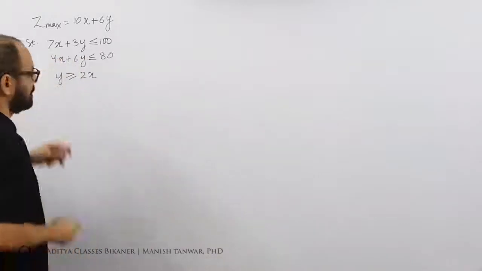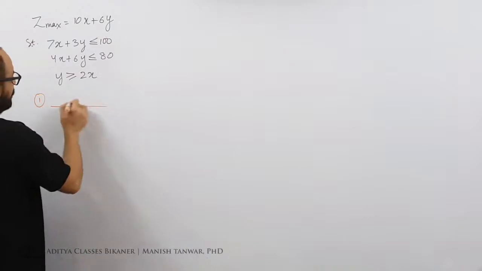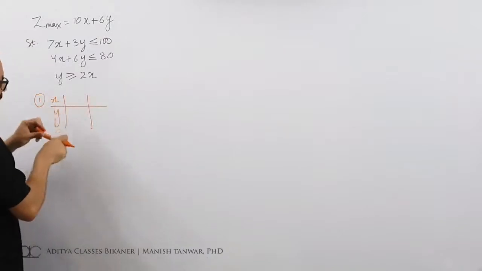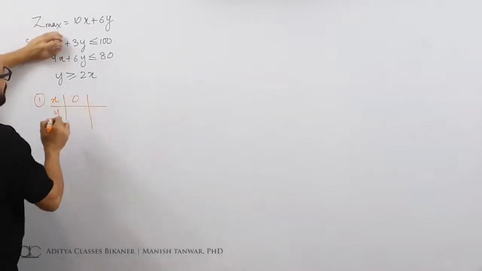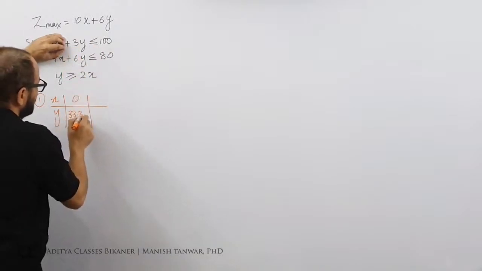So what is our first constraint? I need 2 points from my first constraint. Let me make x 0. If x is 0, y will become 100 by 3, that is 33.33.